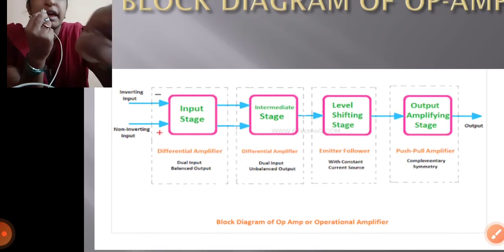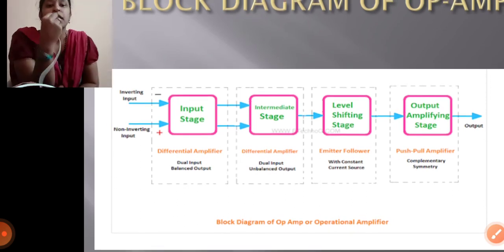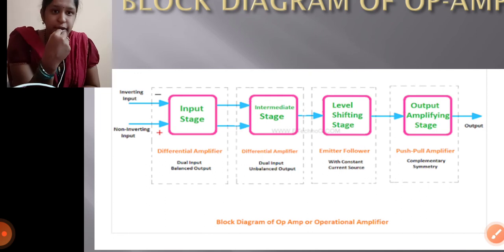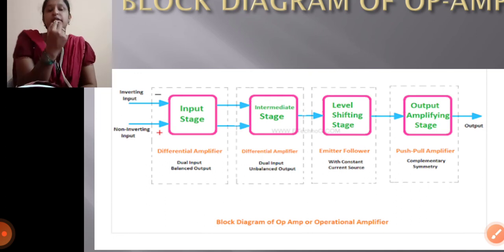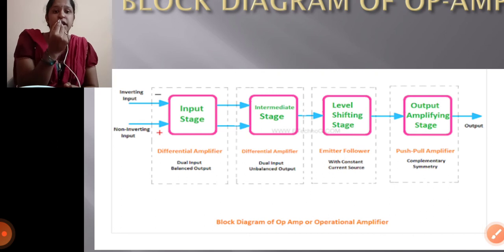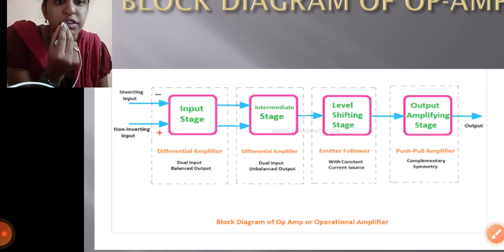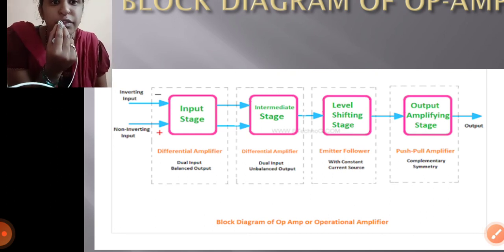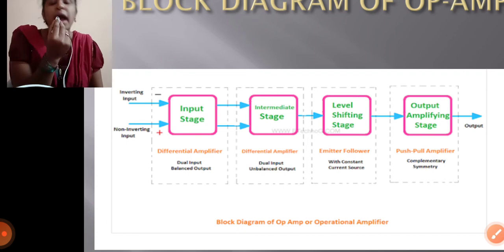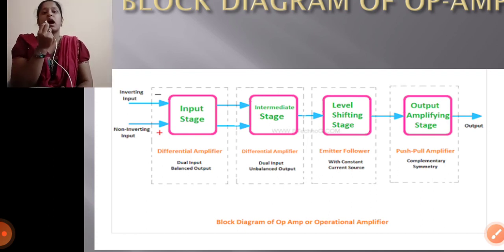First one is the inverting terminal and the non-inverting terminal enters this first stage, which is called the input stage. They have mentioned differential amplifier, dual input and balanced output.